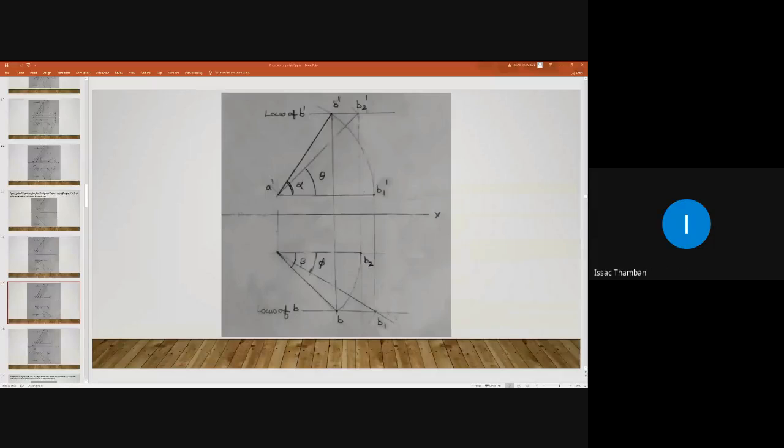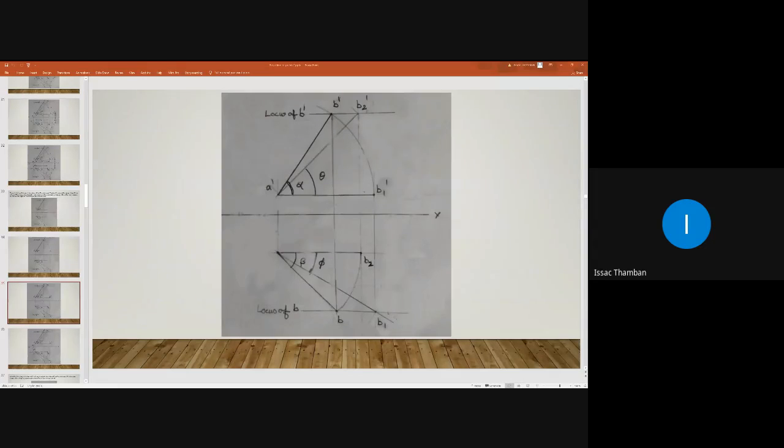Angle 42. Catherine. Yes, sir. What is the value of theta? 40 degree. Yes, sir.